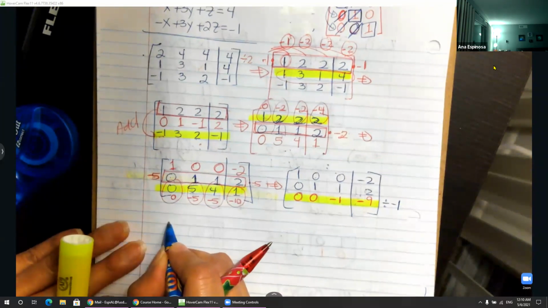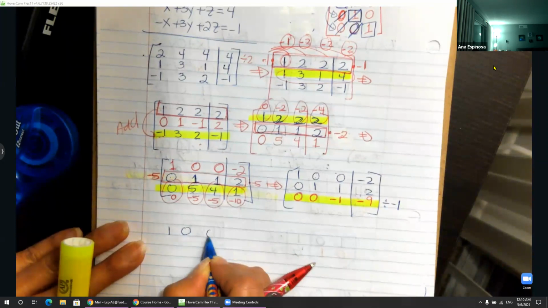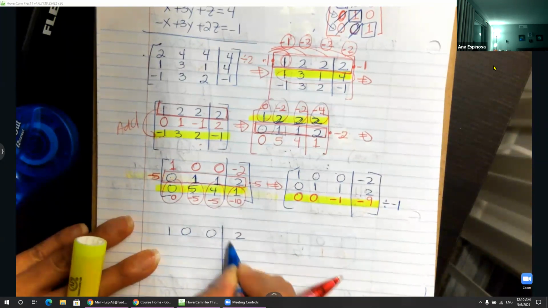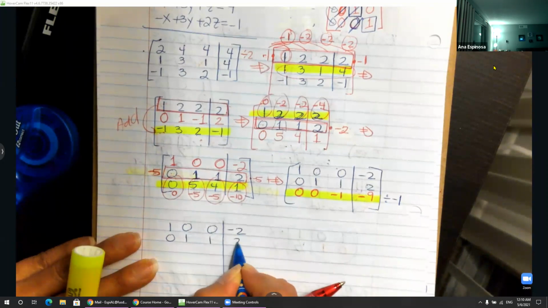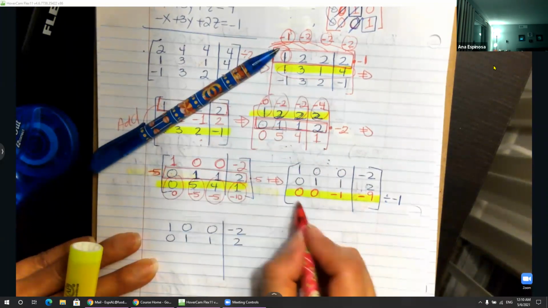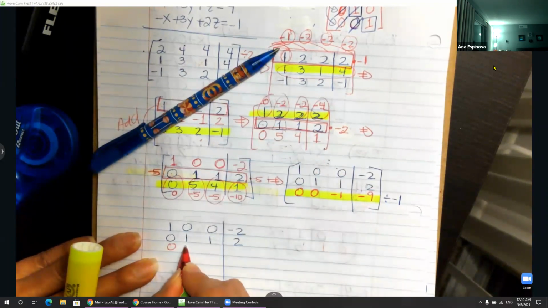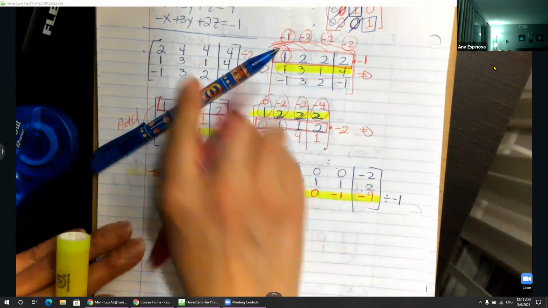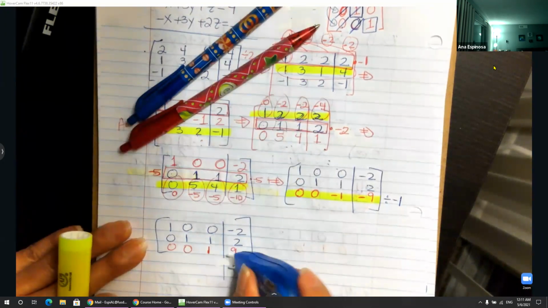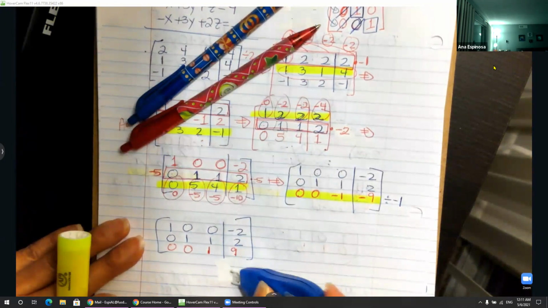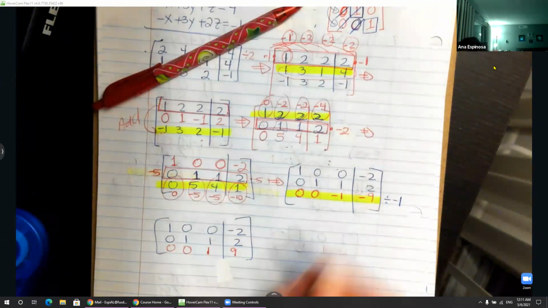Okay, so that's a 1, 0, 0, -2, 0, 1, 1, 2, and that's the only one that's changing. So if I divide everything through by a -1, I just change that to a 1 and that to a 9. That is it. Okay. All right, so this is done.